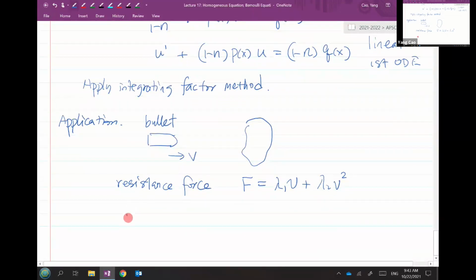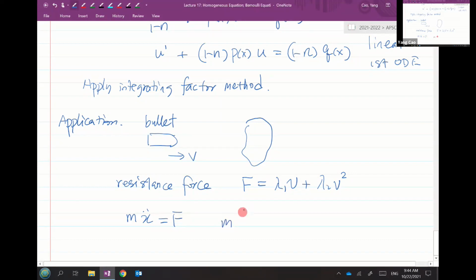So if you are required to calculate the velocity or the position or the motion of the bullet, what do we do? We can use Newton's second law to construct a differential equation. Assuming this is the only external force applied to the bullet, and the bullet has a mass of m, this is basically the only thing you have.